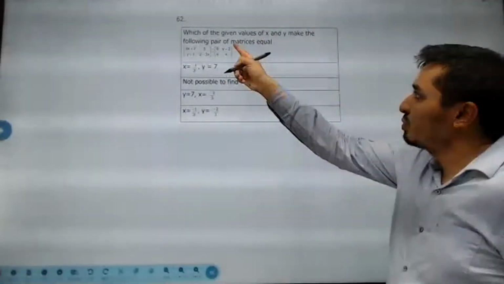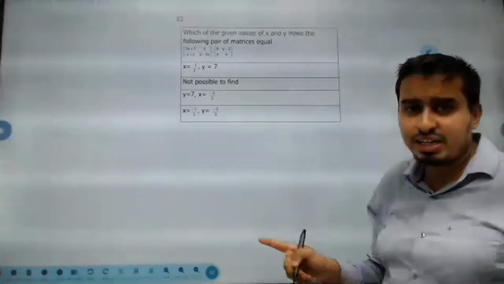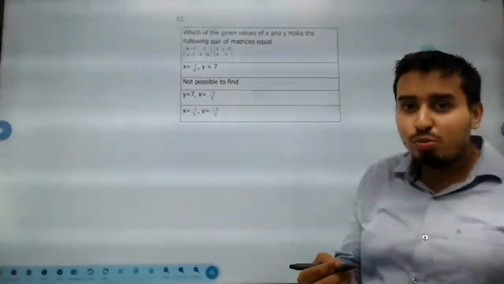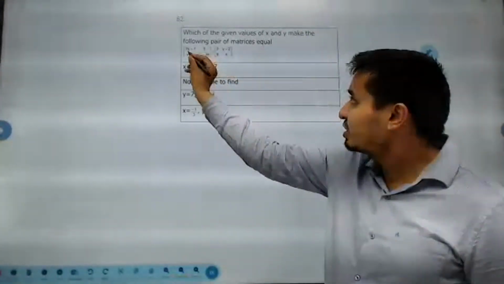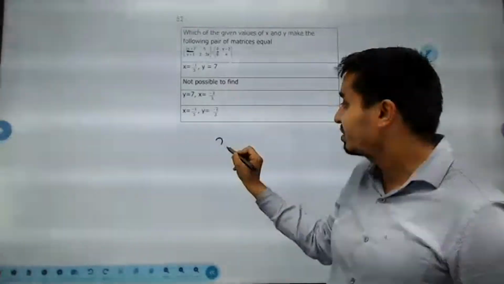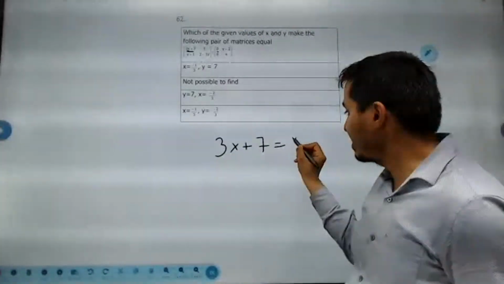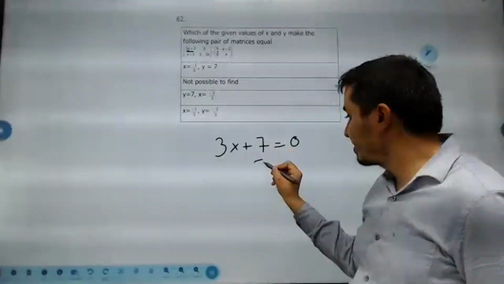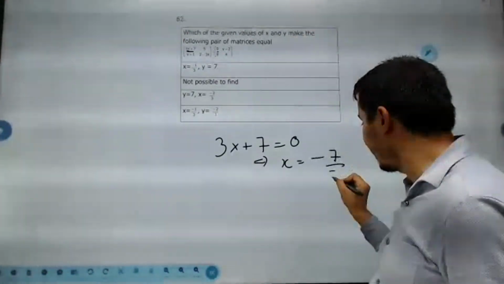So this question is, which of the given values of x and y make the following pairs of matrices equal? So see, now any two matrices are equal when their corresponding elements are equal. So for this matrix to be equal, the first row first column element here should be equal to the first row first column element here. So that means 3x plus 7 must equal 0, and that gives us x equals -7 over 3.